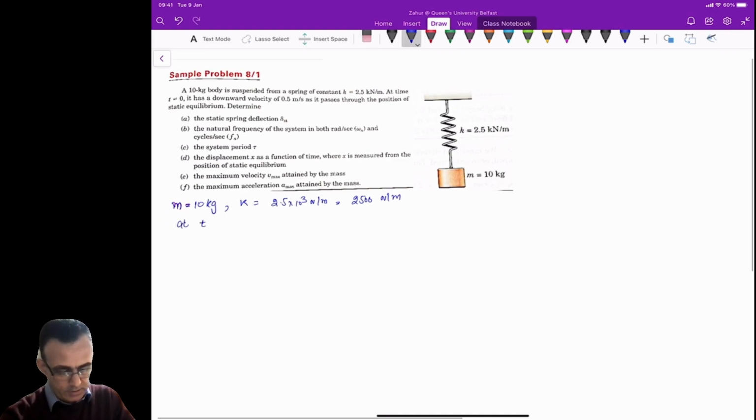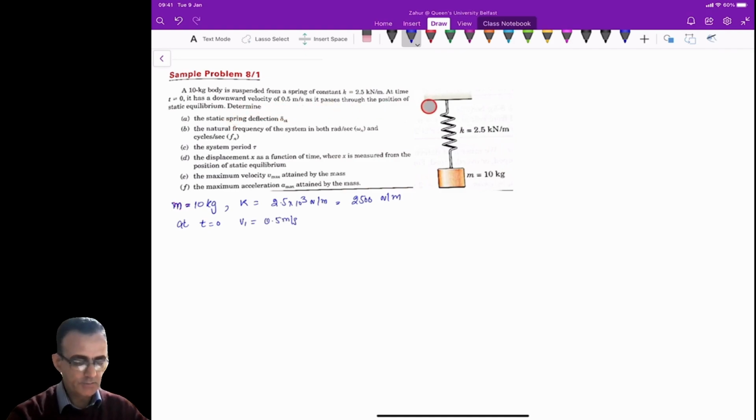So v1 is 0.5 meter per second, and as it passes through the equilibrium position, x1 is equal to 0, because x is measured from the equilibrium position. So the initial displacement is 0 here.